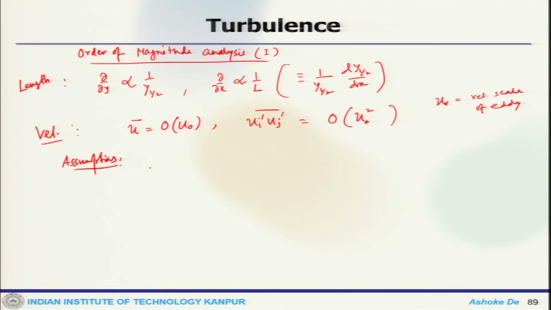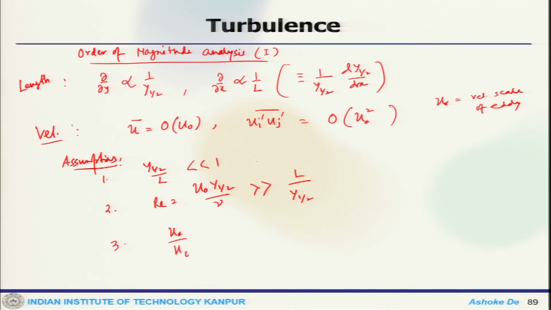Now, we can have some assumptions. Number 1, y half by L is very small, which means the streamwise evolution of the jet is quite slow. Second, the Reynolds number u naught y half by nu is greater than L by y half, which clearly tells that at large Reynolds number the viscous effect is quite negligible on the flow.